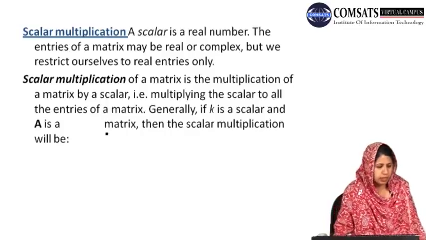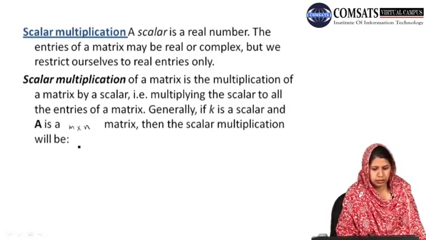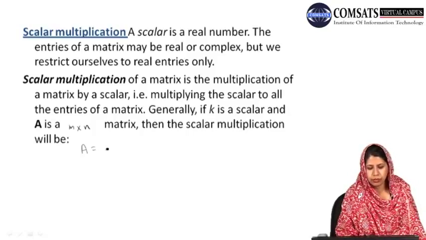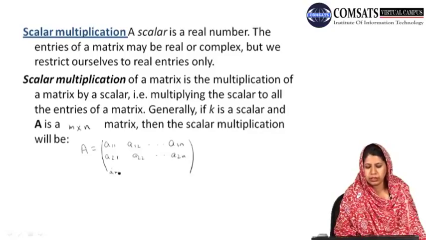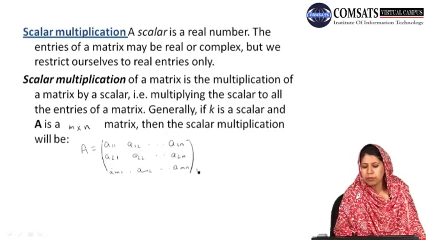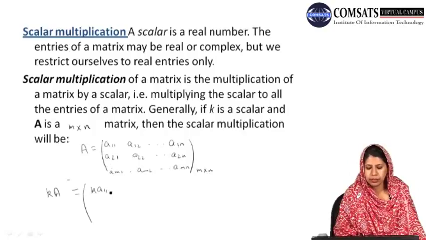Generally speaking, if K is a scalar and A is our m by n matrix, with entries A11, A12 up to A1n, A21, A22 up to A2n, and so on up to Am1, Am2 up to Amn, then the scalar multiplication will be nothing but multiplying this scalar with each entry of the matrix, that is, K A11, K A12 and so on.